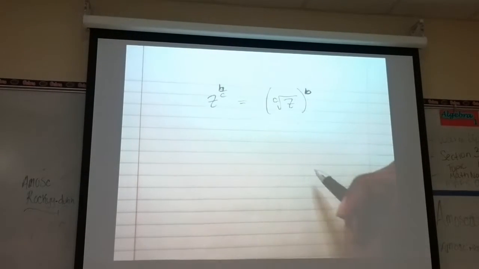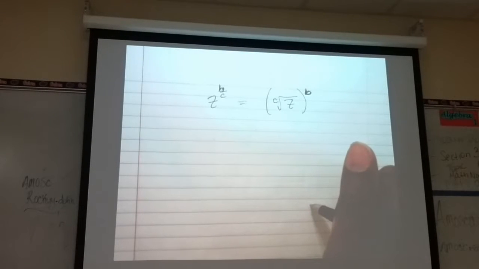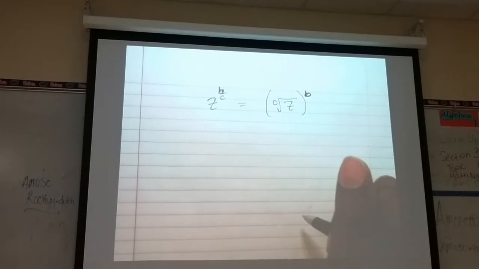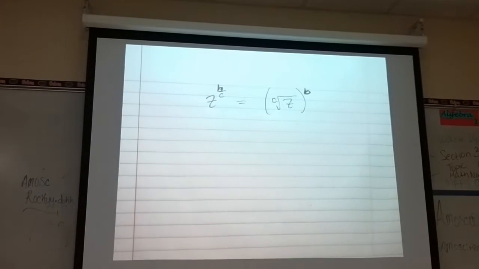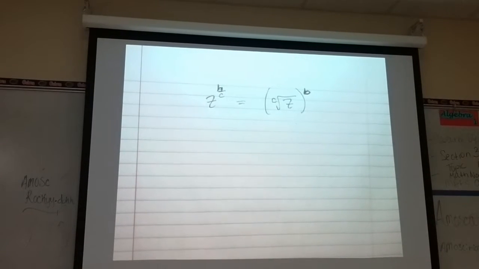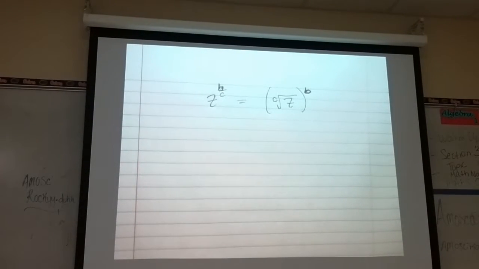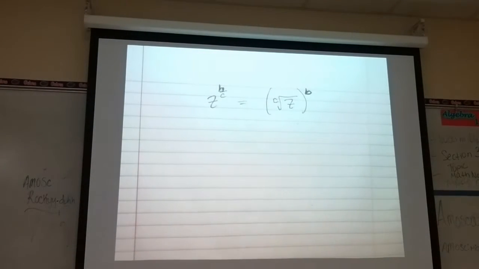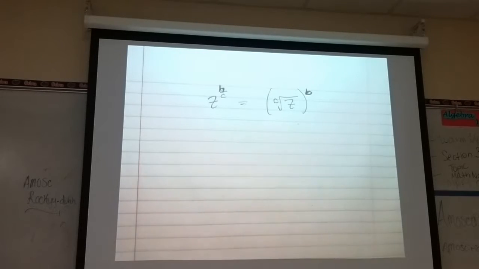It means the same thing. Alright, so that covers the radical section.